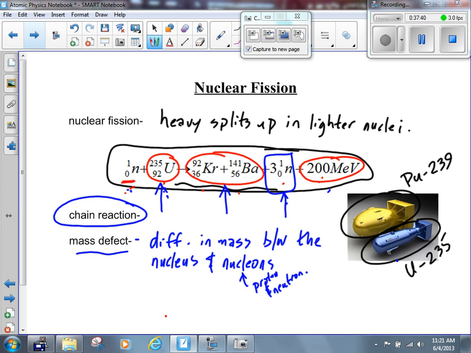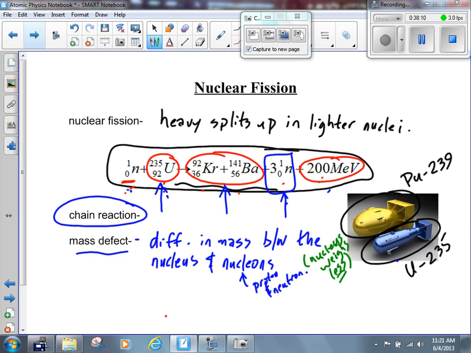The difference in mass between the protons and neutrons and the nucleus itself is what we call the mass defect. The nucleus weighs less. So you lose mass there when you put them together. The nucleus weighs less than the protons and neutrons combined, which is really, really odd. But it is what it is.